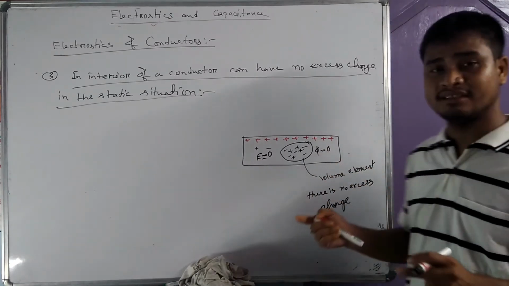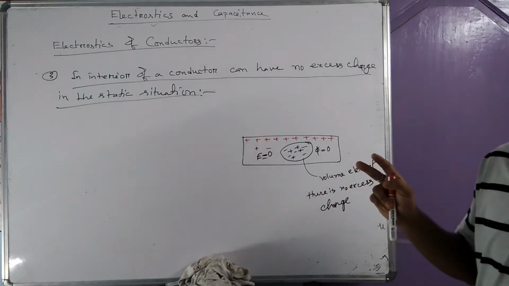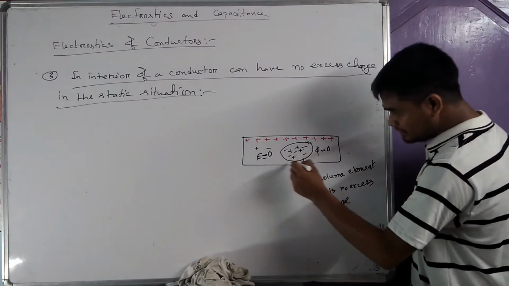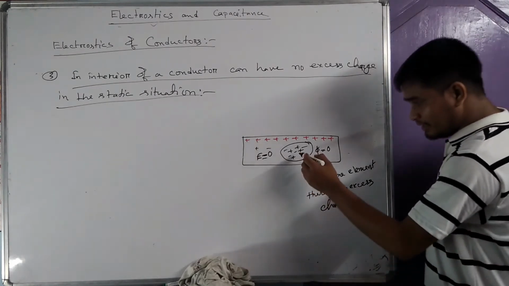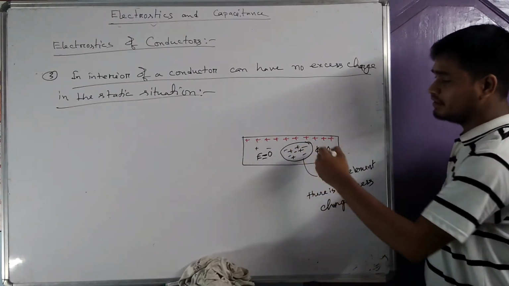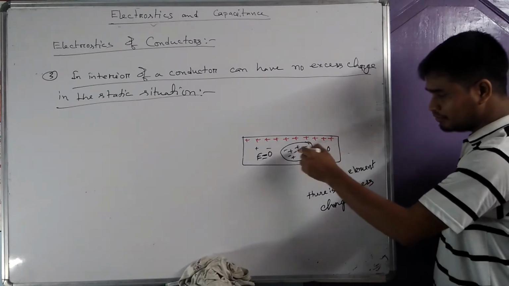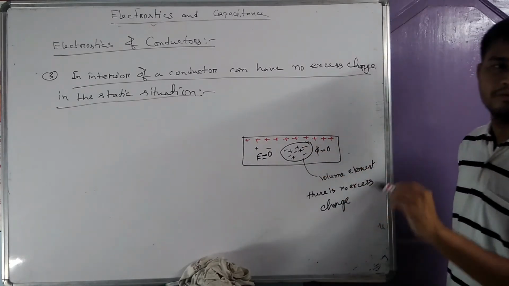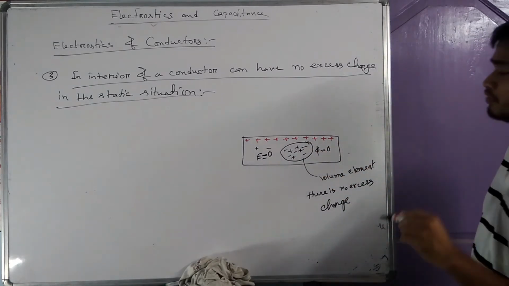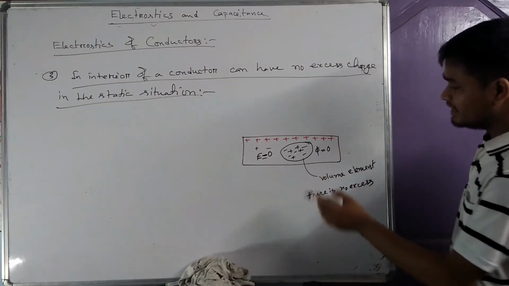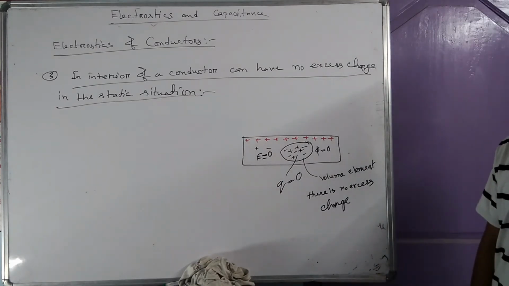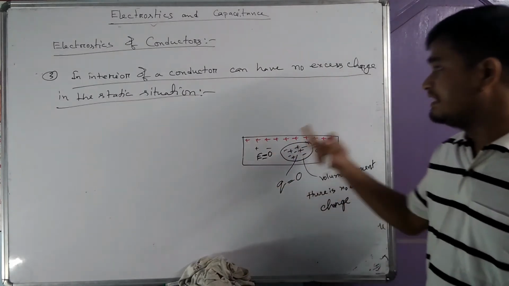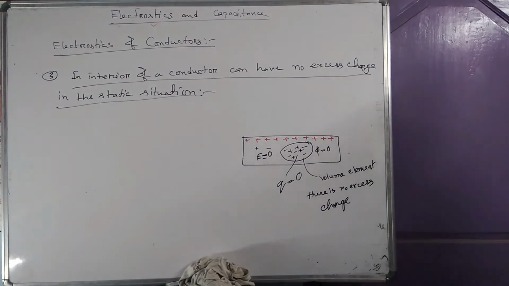That is, plus and minus ions are neutral. If neutral, and we consider a small volume element V, then through the surface of this volume there is no flux passing through. Therefore, we can say the total charge Q is equal to 0. That is, there is no excess charge inside the conductor or in the interior of the conductor.